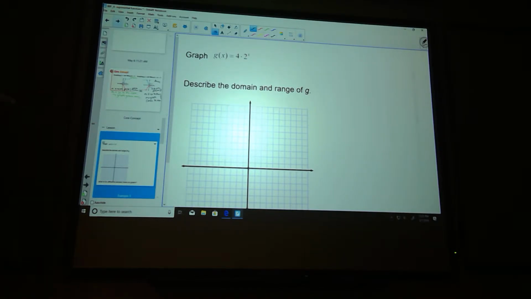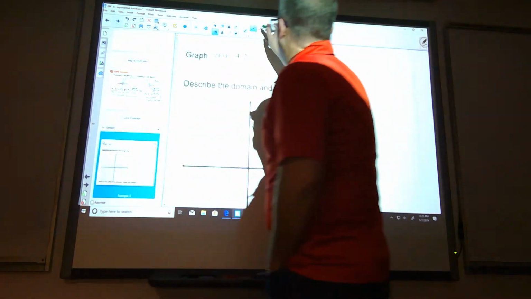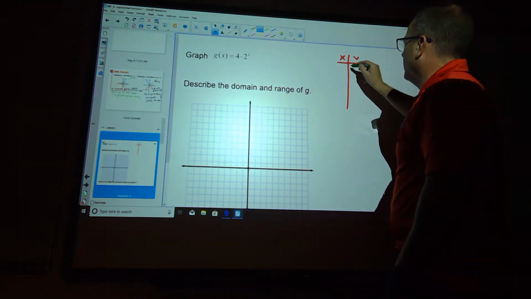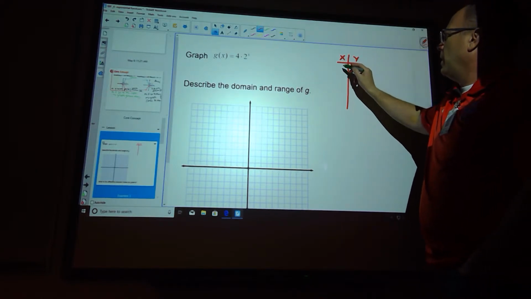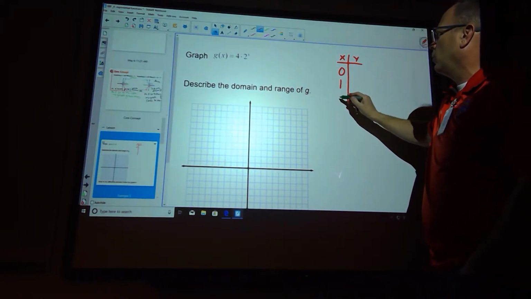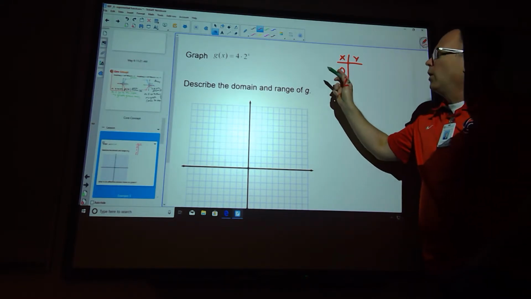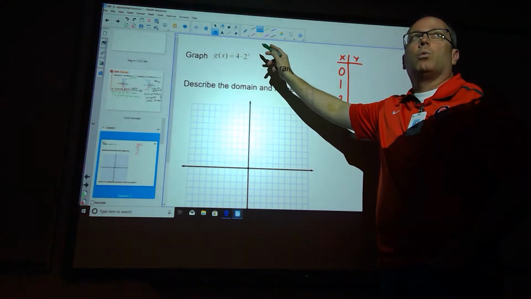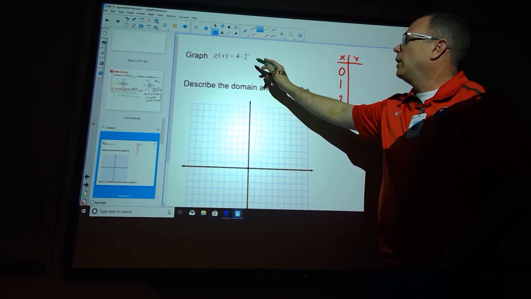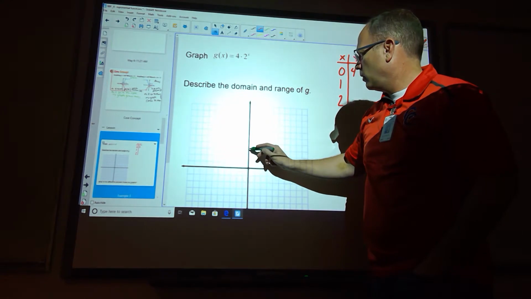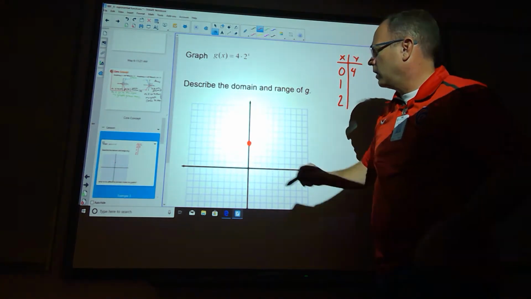So when we need to graph something, maybe we think about kind of a t-table. So we might try this, and we might say, hey, if I start with 0 and I go to 1 and go to 2, maybe that might be enough, but I don't know. So 2 to the 0 power is what? 1. 1 times 4 is 4. So I get 0, 4 right there.